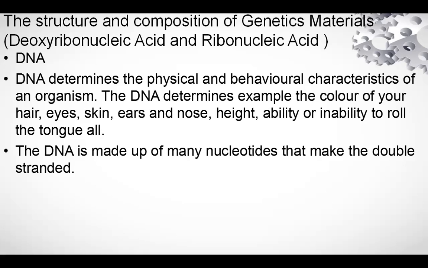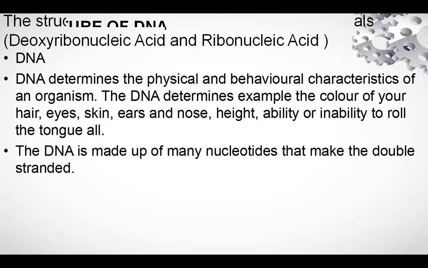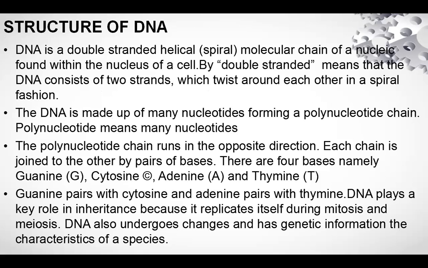Now the DNA is made up of many nucleotides that make it double-stranded. Let's see the structure of the DNA. DNA is a double-stranded chain of molecules that is found within the nucleus of the cell.